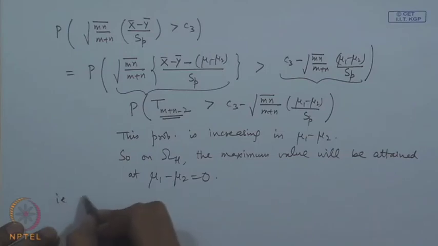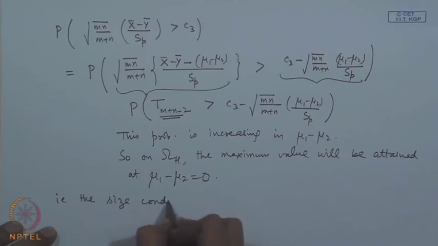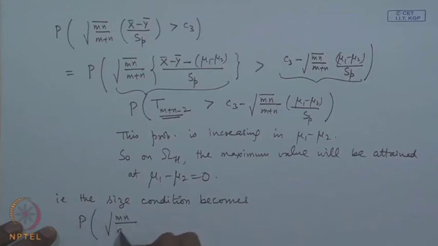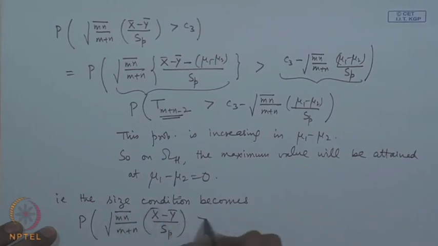That is, the size condition becomes the probability of root mn by m plus n times x bar minus y bar by s_p greater than c3 when mu 1 is equal to mu 2.